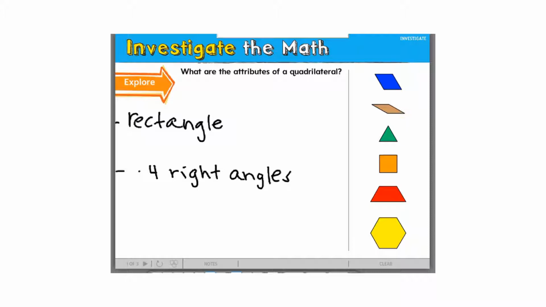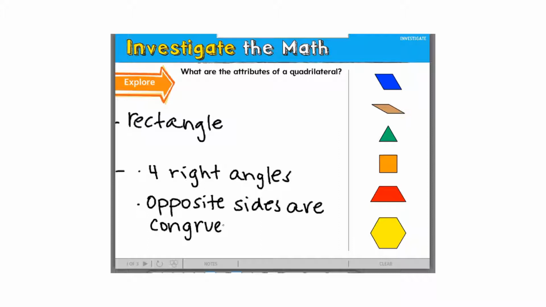So that makes it similar to a square, that it has 4 right angles. But the difference is the opposite sides are congruent and parallel. All 4 are not the same, okay? So opposite sides are congruent and parallel.